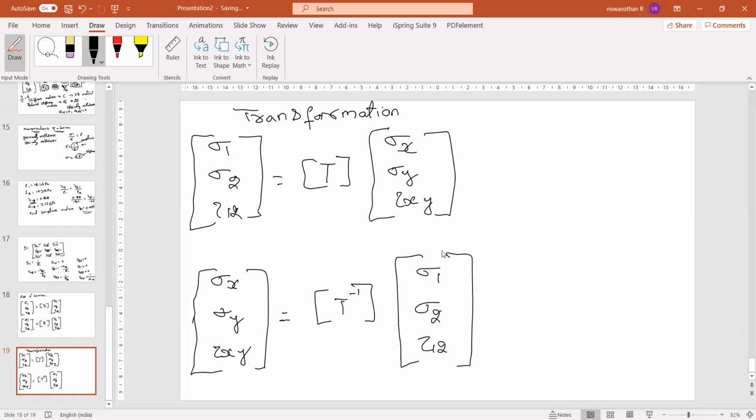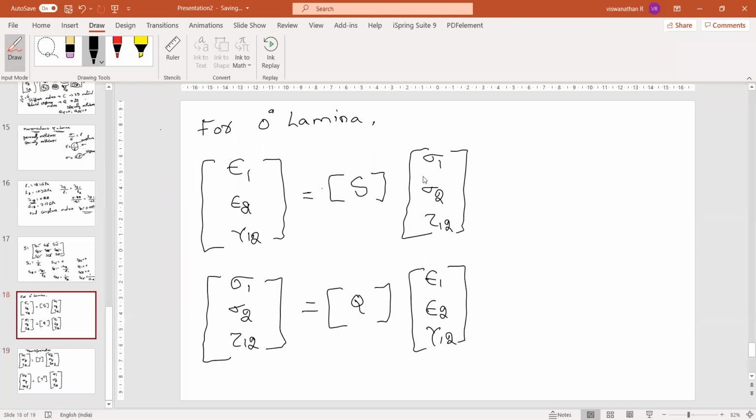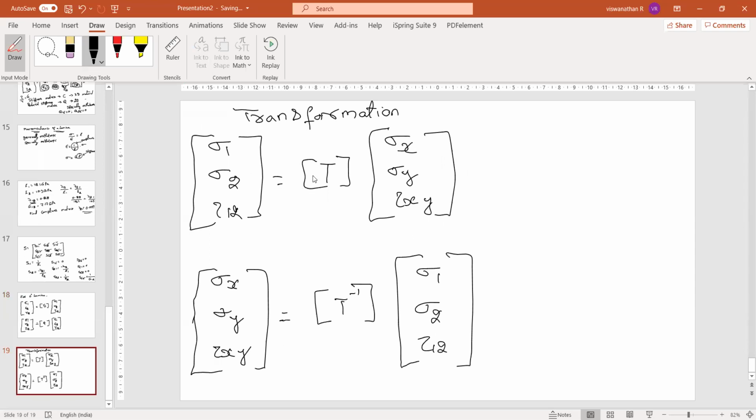This is for the stress. And how about the strains? Always, compliance matrix relates strain to stress. Stiffness matrix relates stress to strain. Transformation matrix relates local stress with the global stresses.